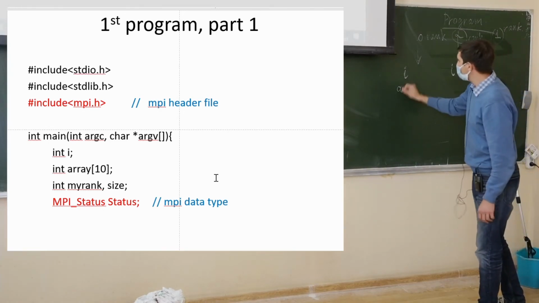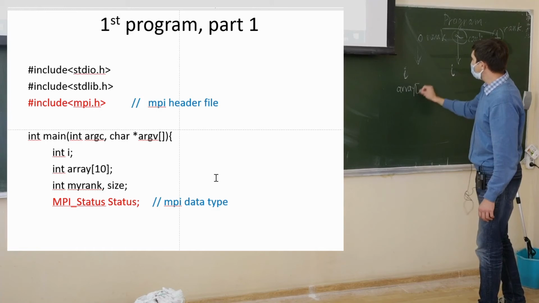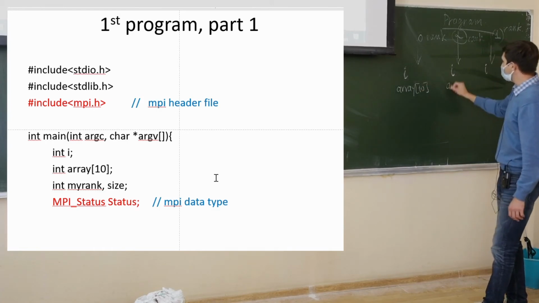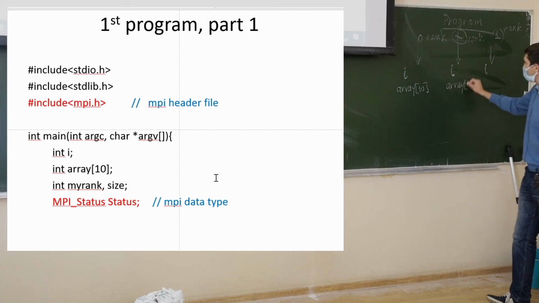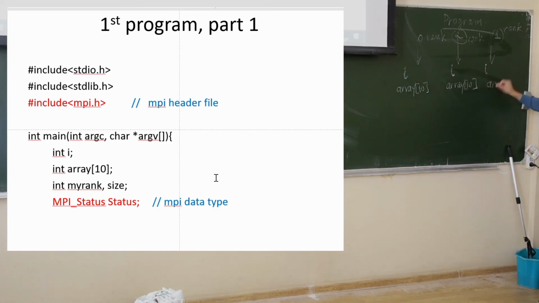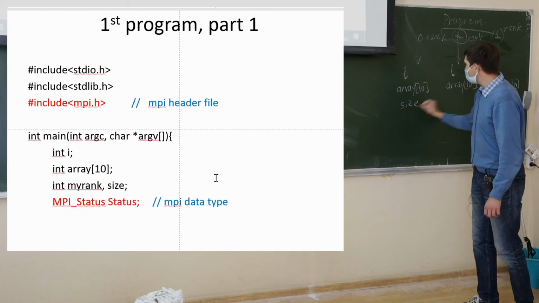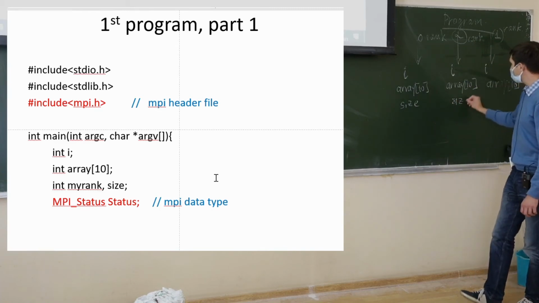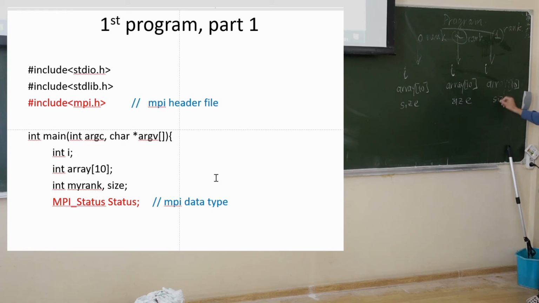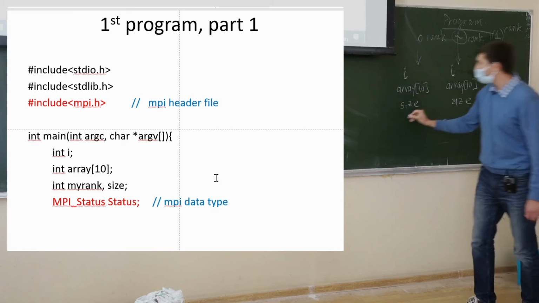And array will be here, and will be here. These arrays are also named the same, but they are all different arrays, and so on. And for example, size will be here, size will be here, and size will be here, and my rank also.